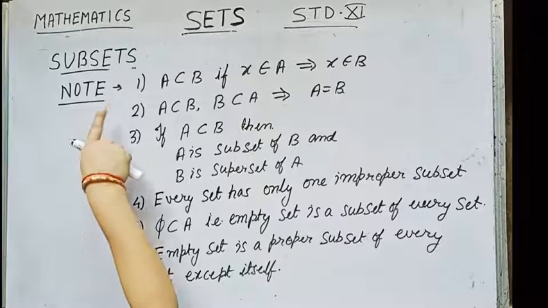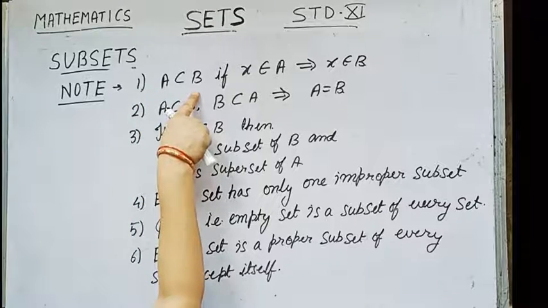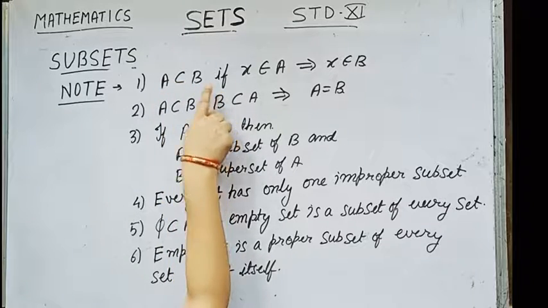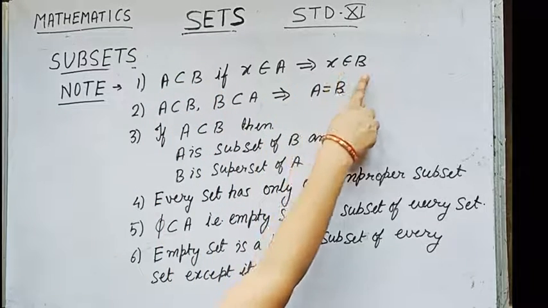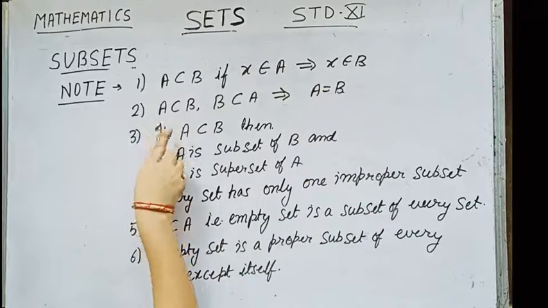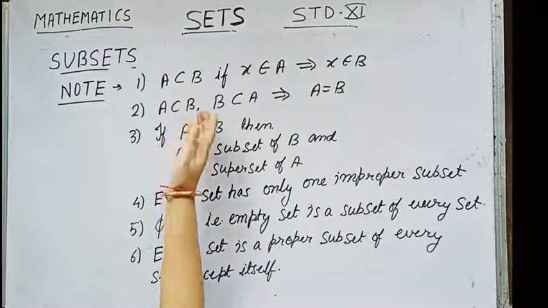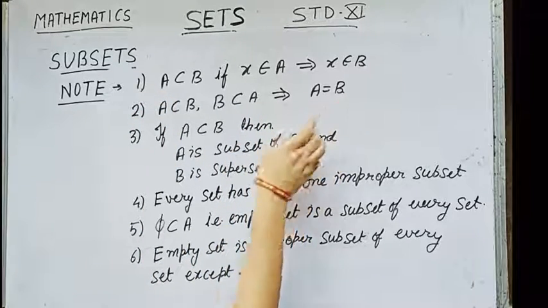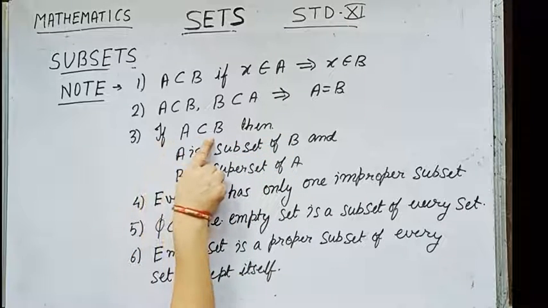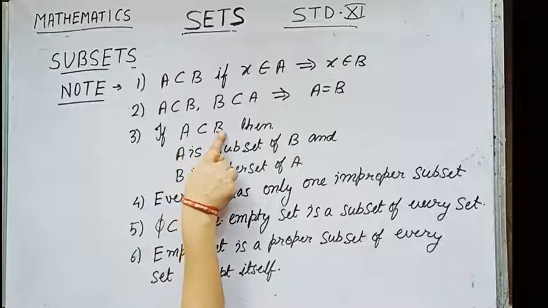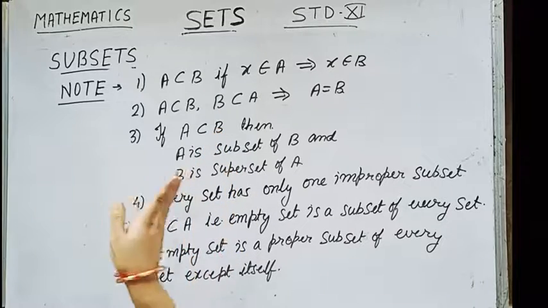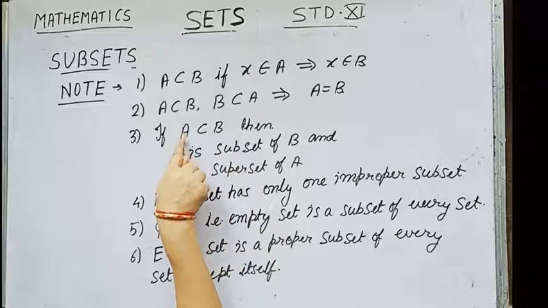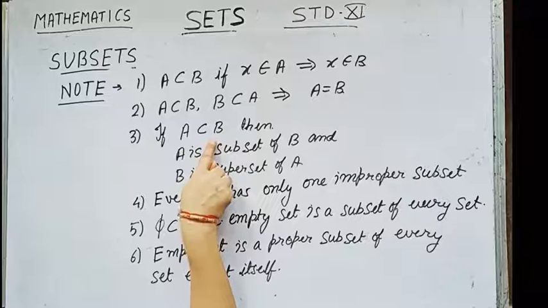Point 1: A is a subset of B, that is, set A is contained in set B, if x belongs to A implies x belongs to B. Also, if A is a subset of B and conversely B is a subset of A, then obviously A equals B. The third point: if A is a subset of B, then B is called the superset of A. Take care, one new word over here. A is a subset of B and B is a superset of A, if such a condition is there.